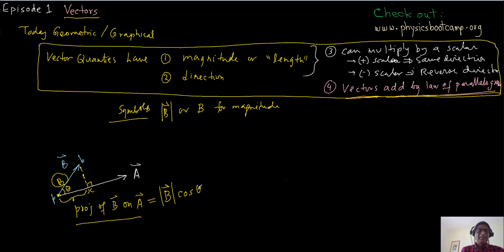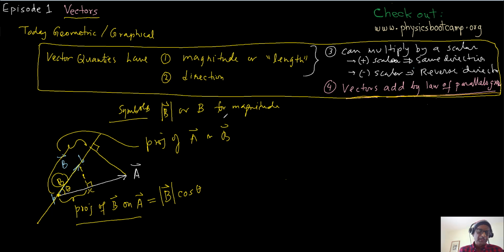Now, if I were to do the other way and do the projection of A on B, here you can see that this will be the vector A. So from here to here will be A, and you can rotate in your mind this right angle triangle.